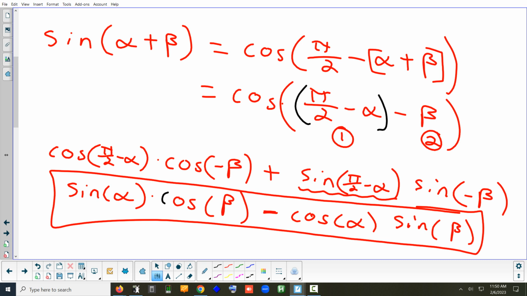We're off with this. It should be a plus. Why? Sine alpha cosine beta plus cosine alpha sine beta. This is just supposed to be a plus. Why?